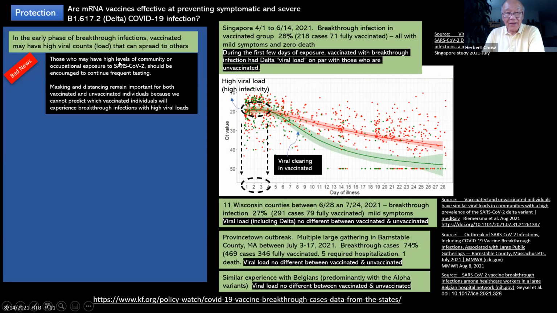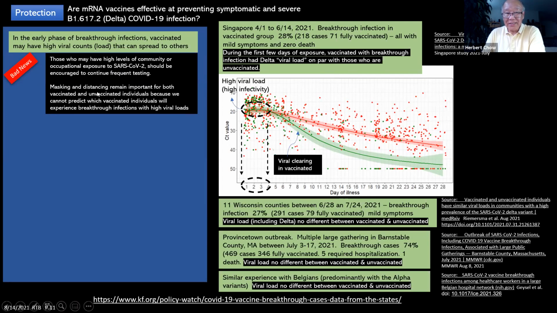So those who have high level of community or occupational exposure, like doctors, they're all vaccinated. They may be exposed to the virus again, and maybe they're not getting sick, they're asymptomatic, but a few days after the exposure, that person may be carrying enough virus to spread to the colleagues without them even knowing it.